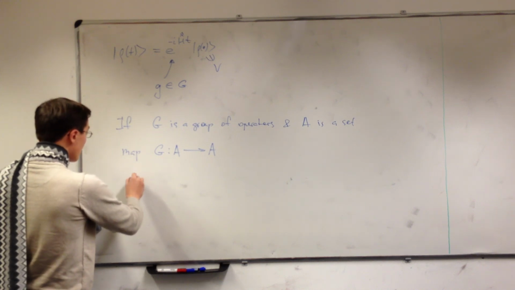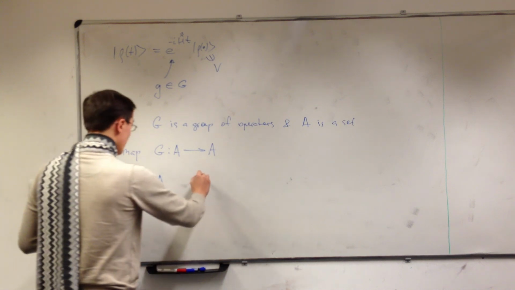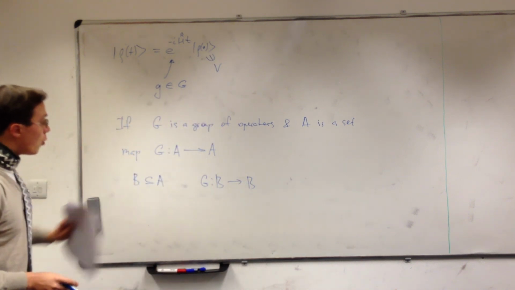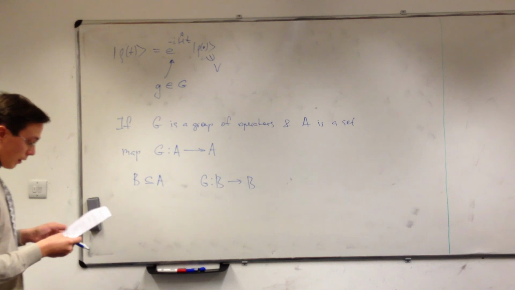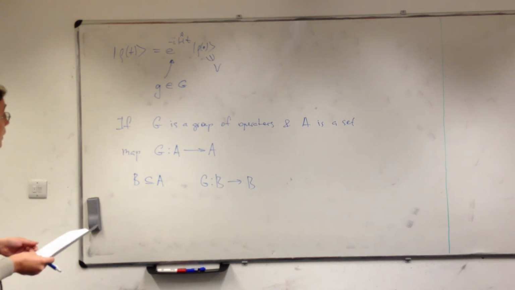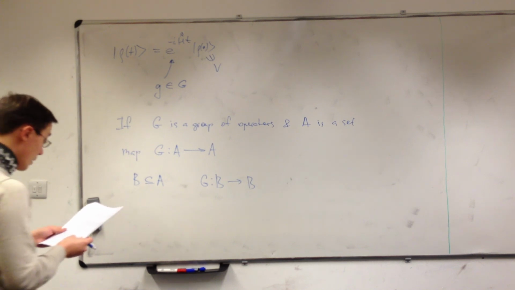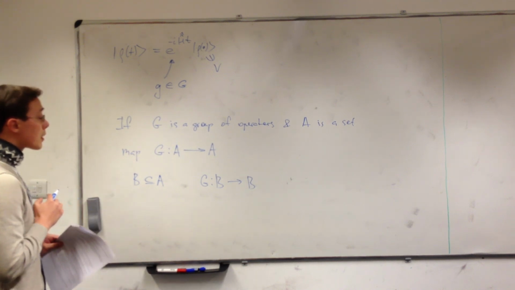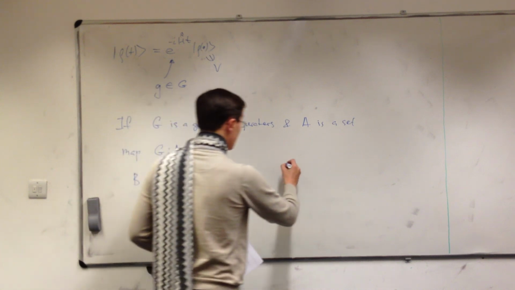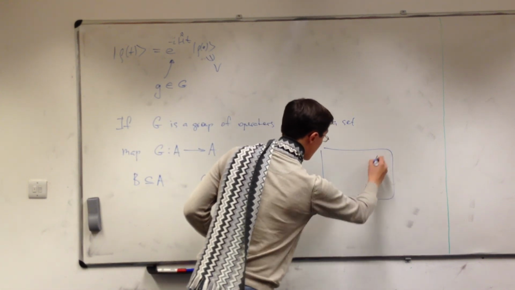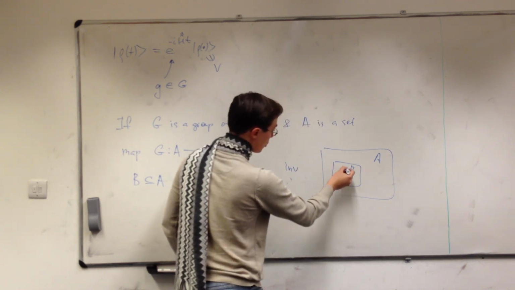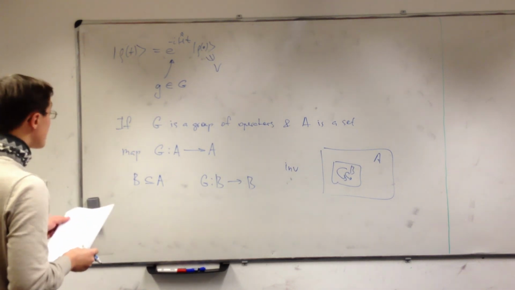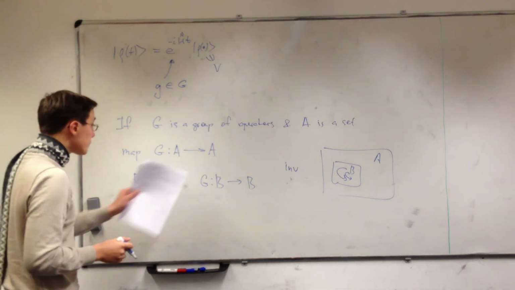So if we have a B which is a subset of A and G, B goes into B and does not go out into A which is potentially bigger than B, then it is called stationary or equivalently invariant under the action by G.